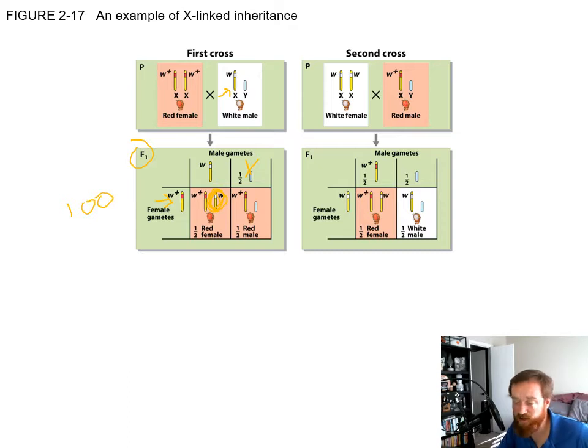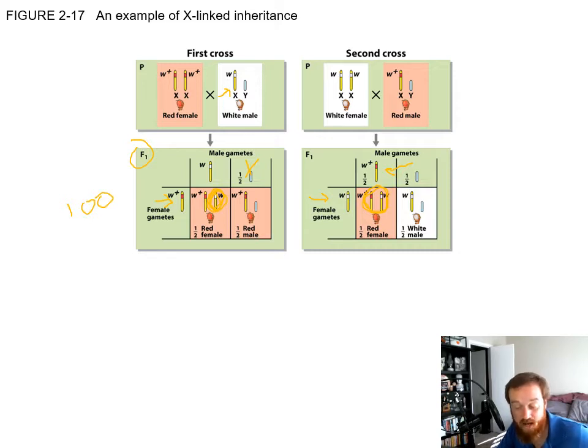offspring. In our second cross, where we have the white female and the red male, on the male side, you can only donate this red copy, and the females are donating 2 copies of the recessive white, right? So the females that have 2 copies of the X chromosome are always red, because females can only get that red copy from their father.